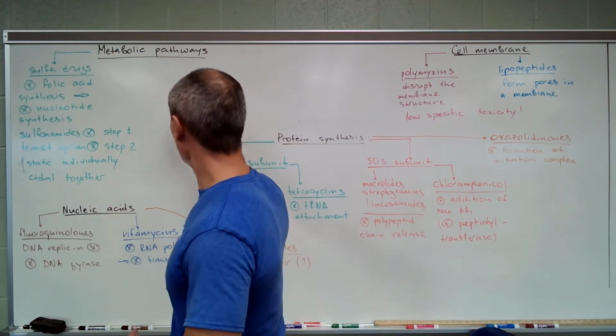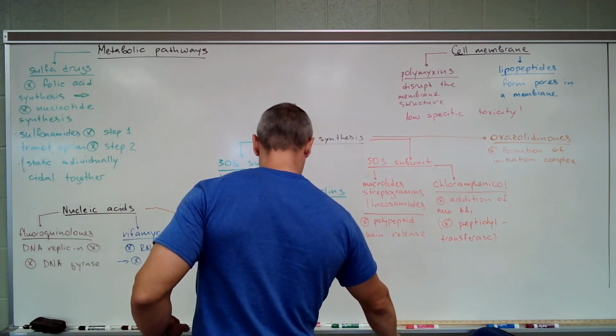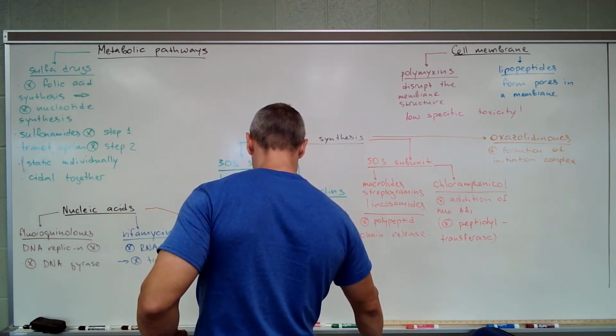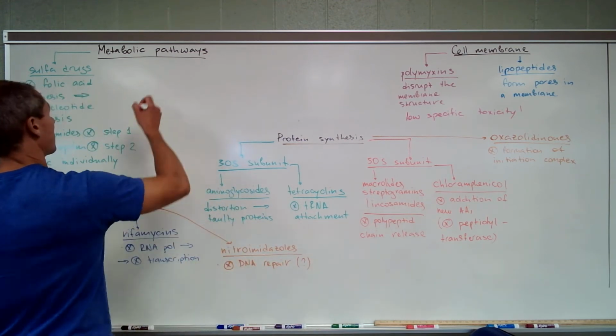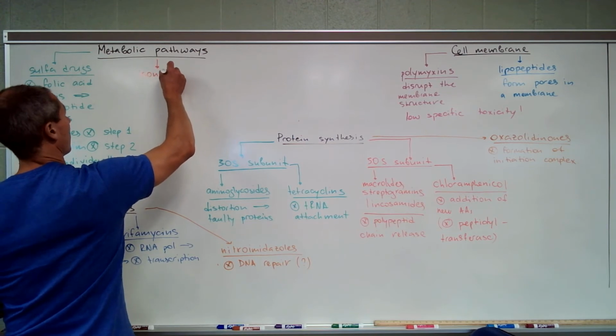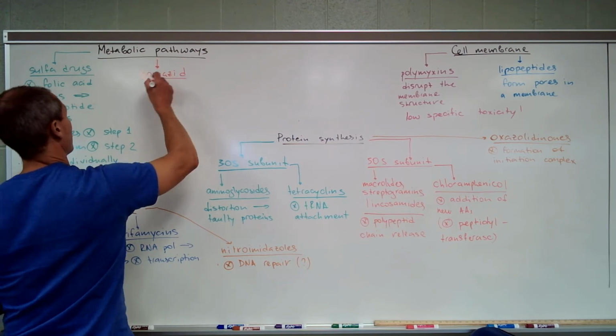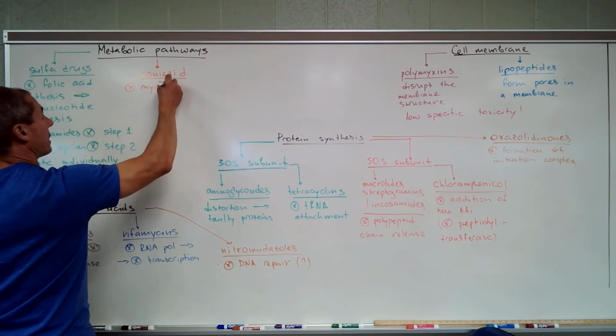Now, another inhibitor of a metabolic pathway is isoniazid. Trying to remember the name. It inhibits the synthesis of mycolic acid.